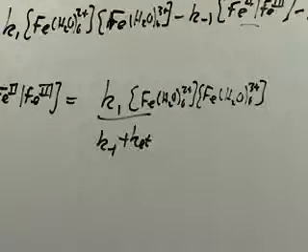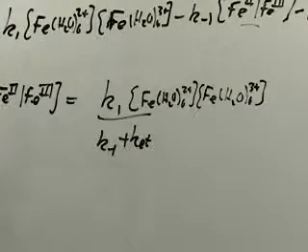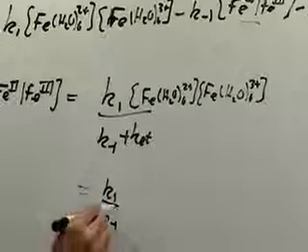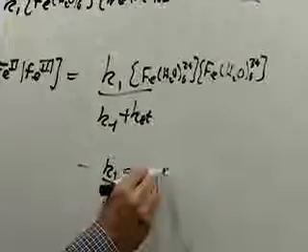And in most cases, the electron transfer rate is slower than K minus 1, and so I can reformulate this as K1 over K minus 1 times my two concentrations.